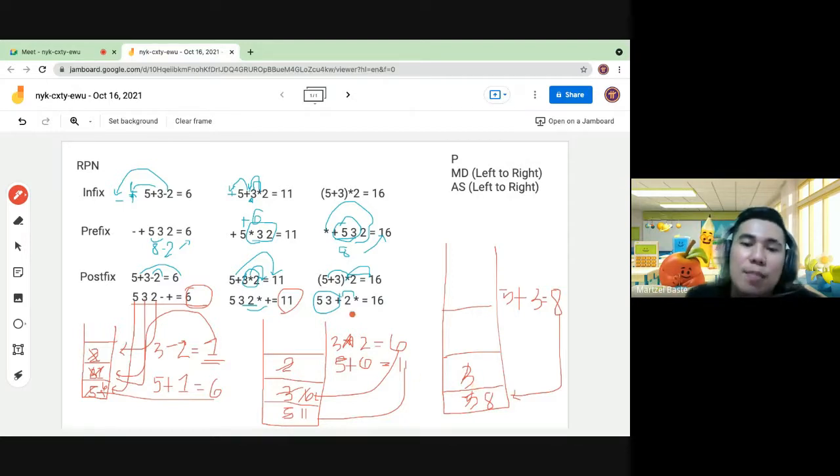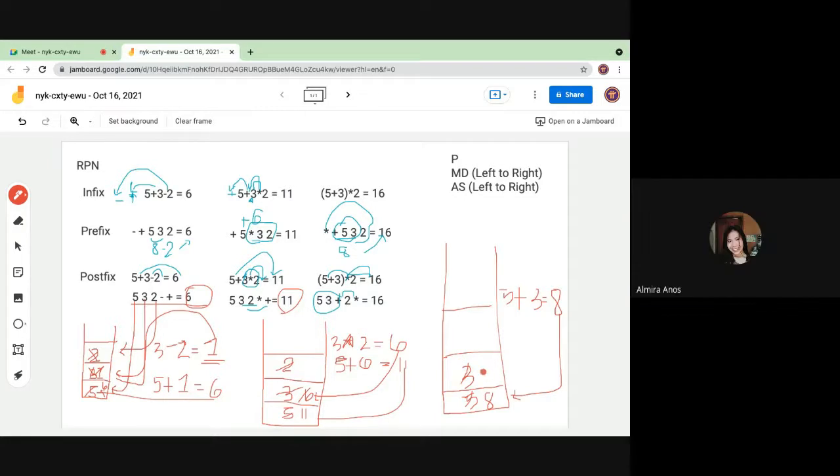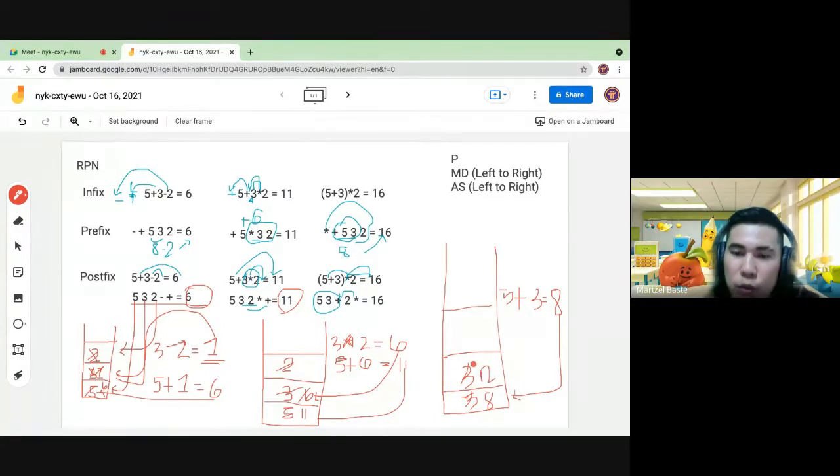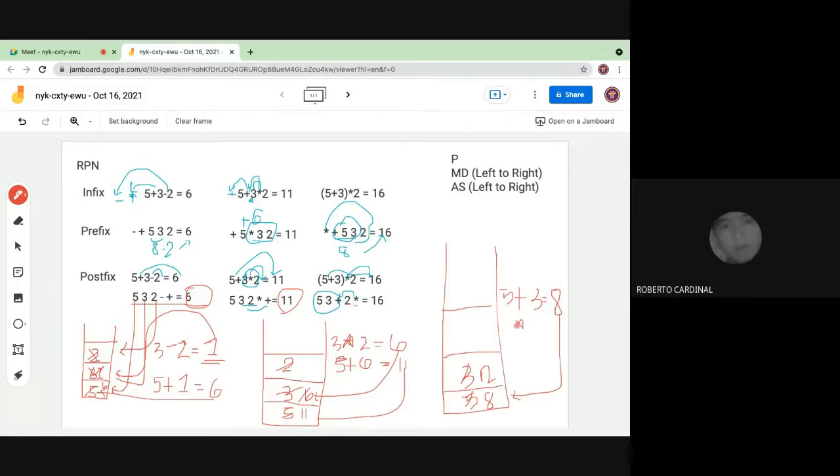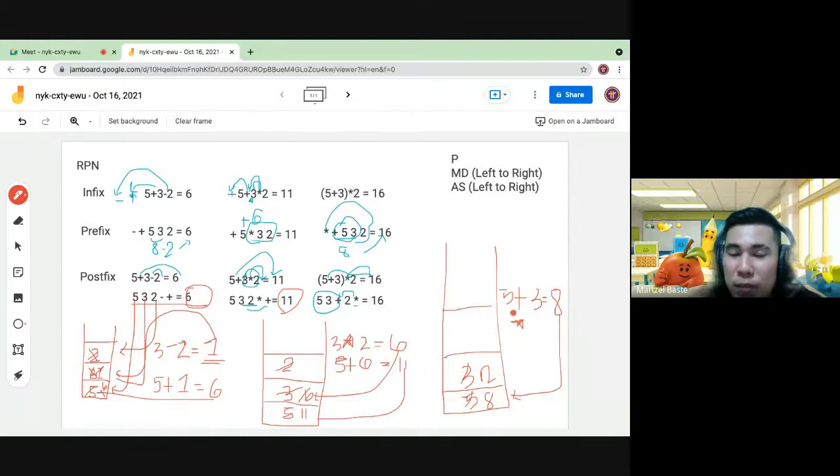Okay, next reading sa element unsay nabasa? 2. So after that kay 2 man ang nabasa, i-push niya si 2. And then next niya na read is multiplication. So since multiplication siya, unsay buhaton?